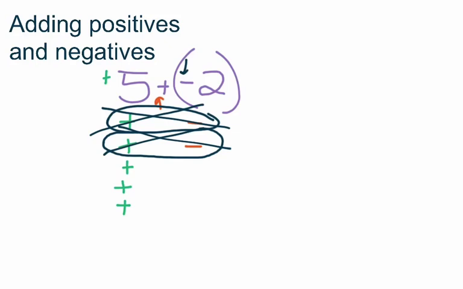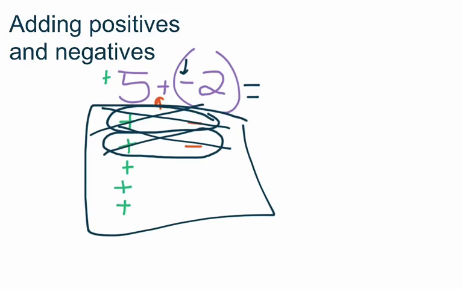Now we've run out of negatives. Sometimes I call it the game board: what's the only thing left here? 3 positives. So +5 plus -2 is +3, because these 2 negatives created neutral pairs and canceled out 2 positives, and we were left with 3 positives.